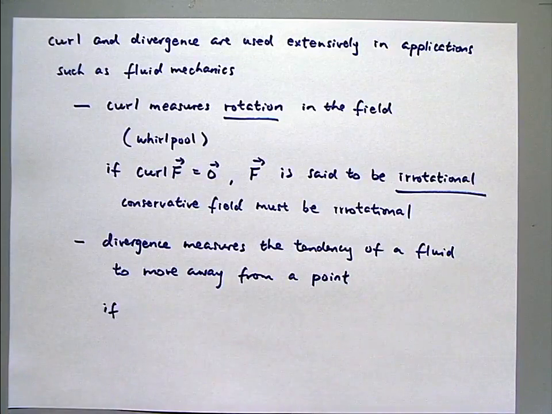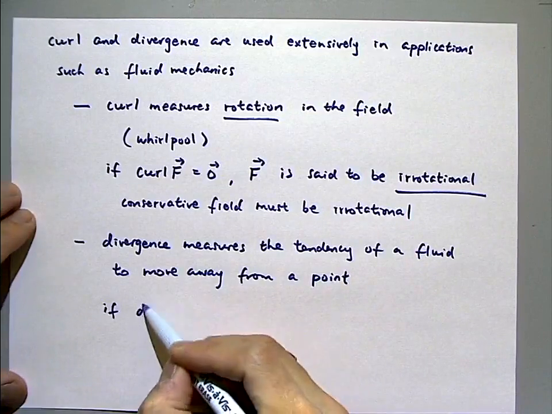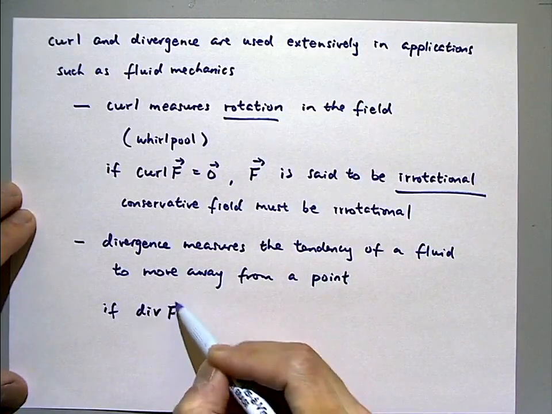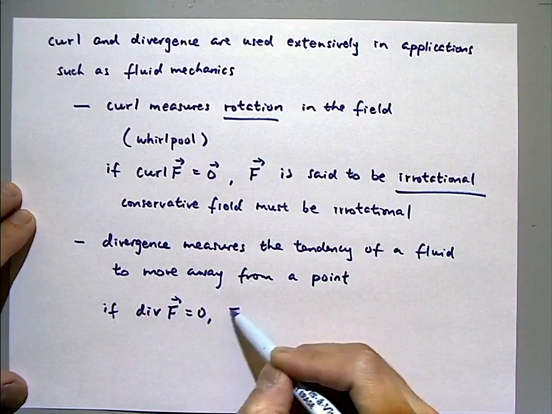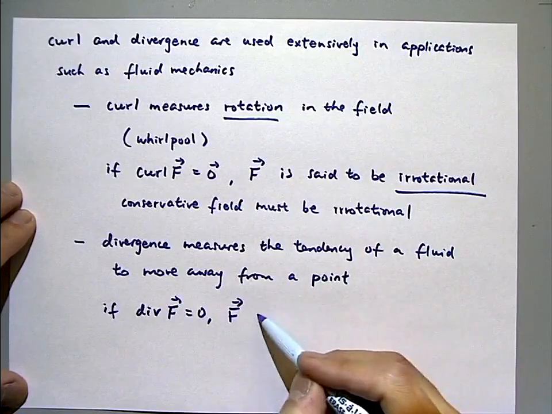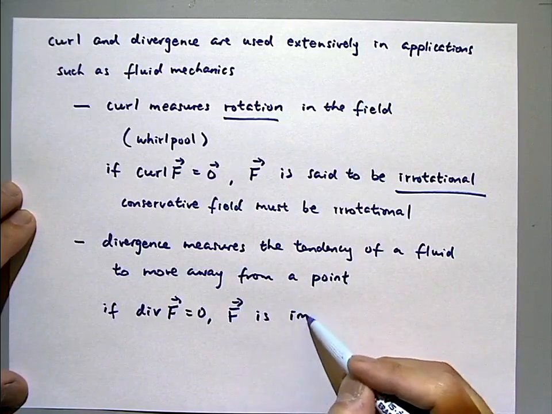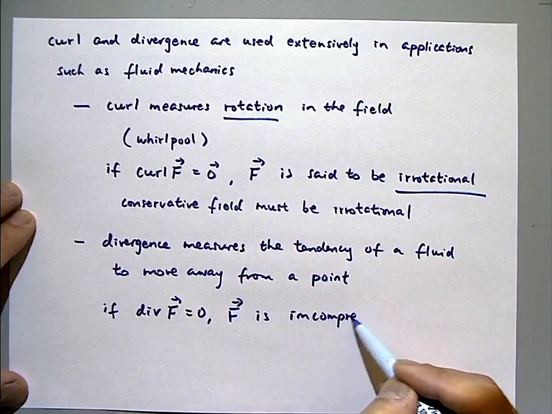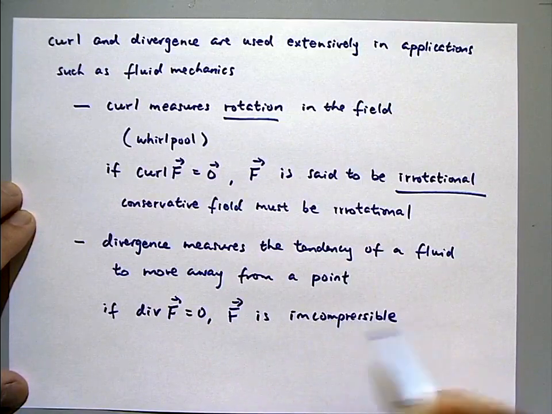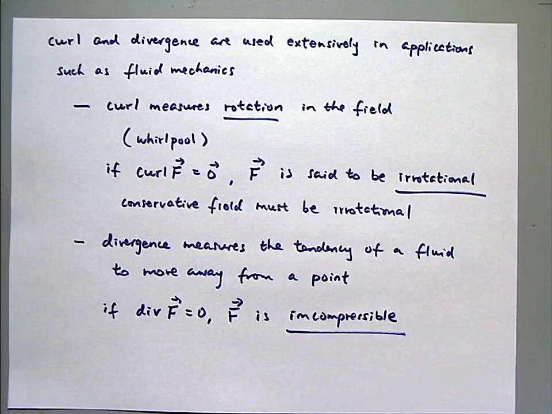In terms of fluid, such as air or water, that means the density of that fluid is changing as you move along in that fluid. So very often, if the divergence is equal to 0, F is often said to be incompressible.